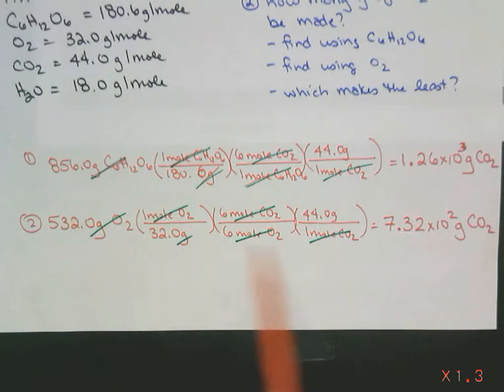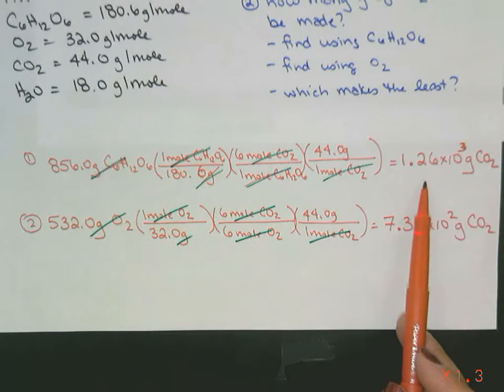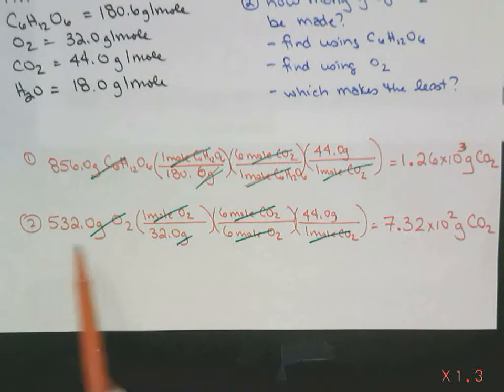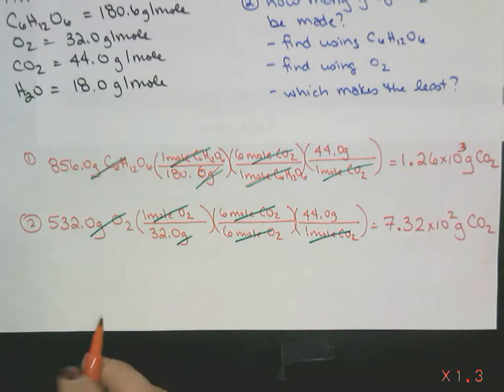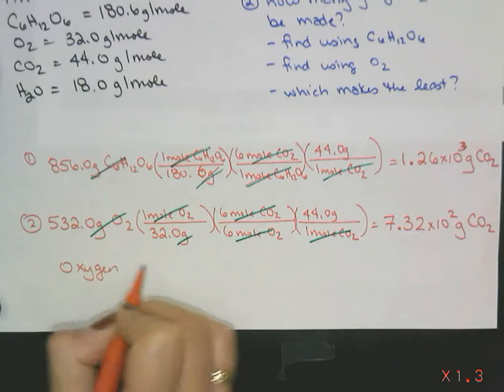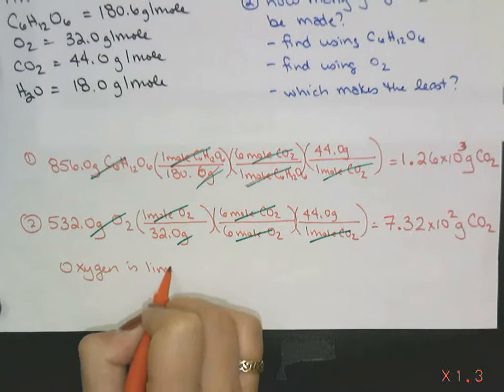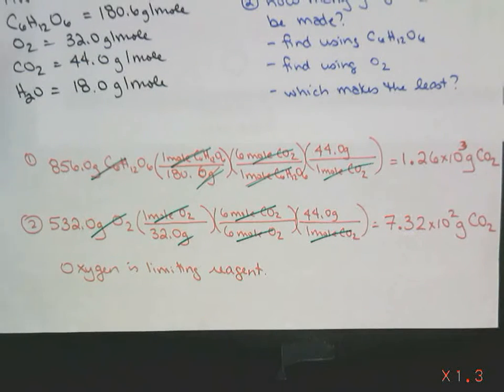The glucose makes over 1,000. This one makes only like 700-ish. All right, so that'd be the end of that question. Oxygen is the limiting reagent. That's all they want to know.